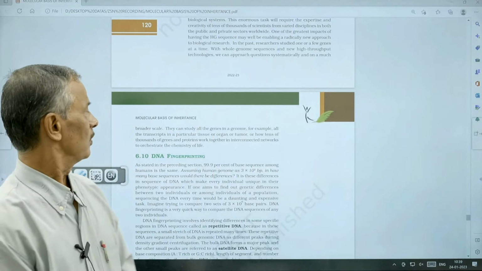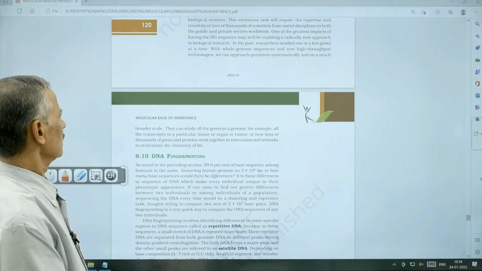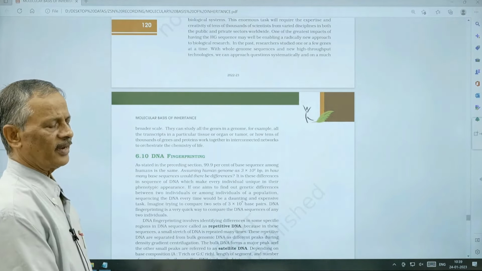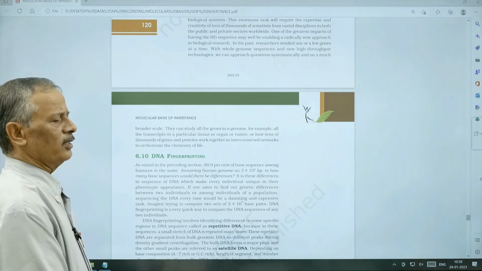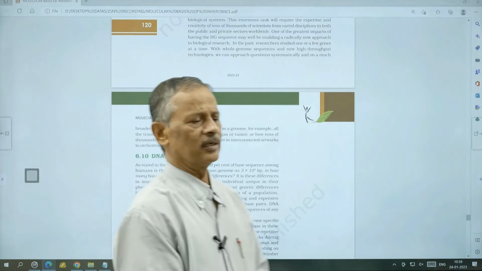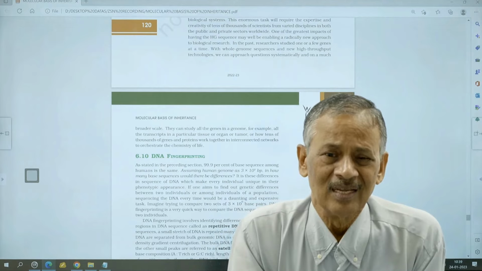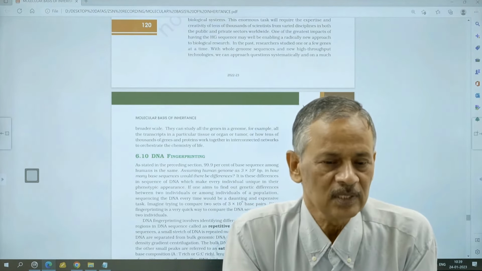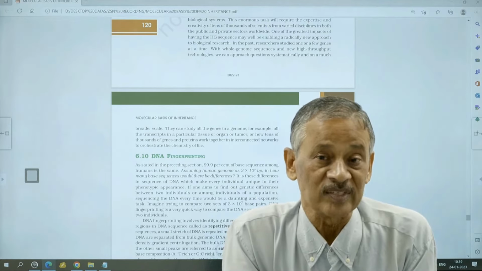The second part is DNA fingerprinting, which was developed by Alec Jeffreys and his colleagues. In the Human Genome Project, we came to know that 99.9% of our DNA is similar. Only 0.1% is different.